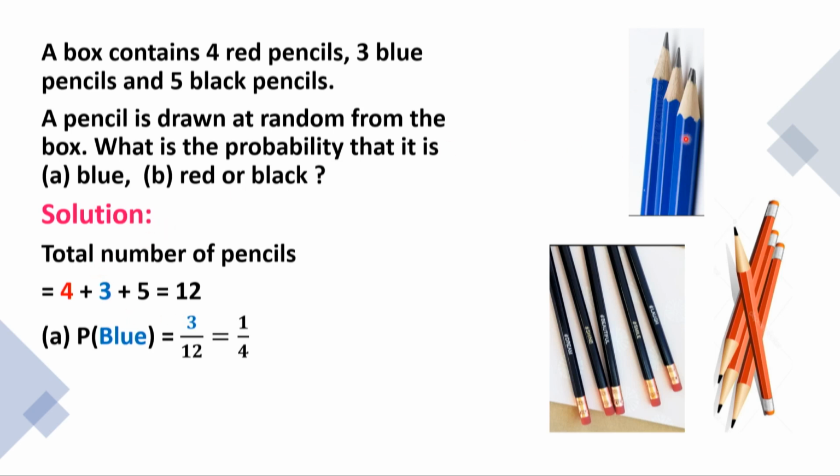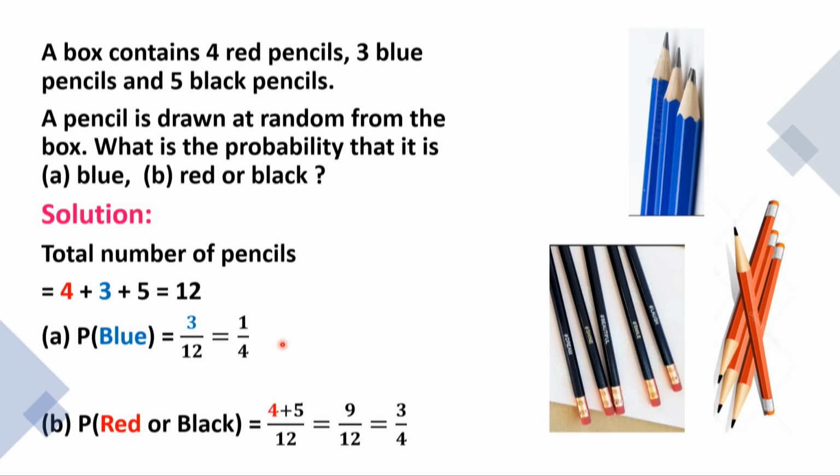How many blue pencils do we have? We have 3. So, the numerator will be 3. The probability of getting a blue pencil will be 3 over 12. Reducing to lowest terms, we get 1/4. Remember, you should always reduce your answer to its lowest terms. So, the probability of getting a blue pencil is 1/4.